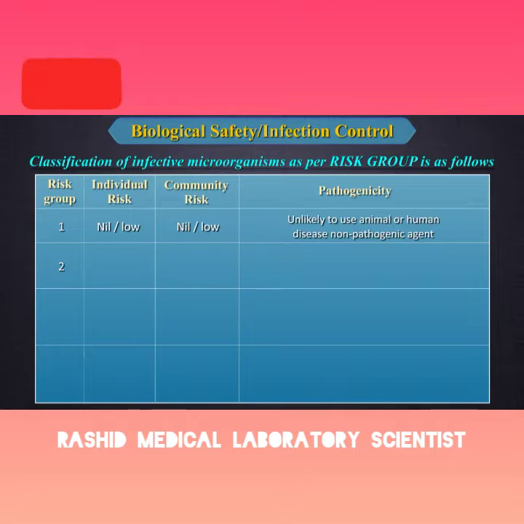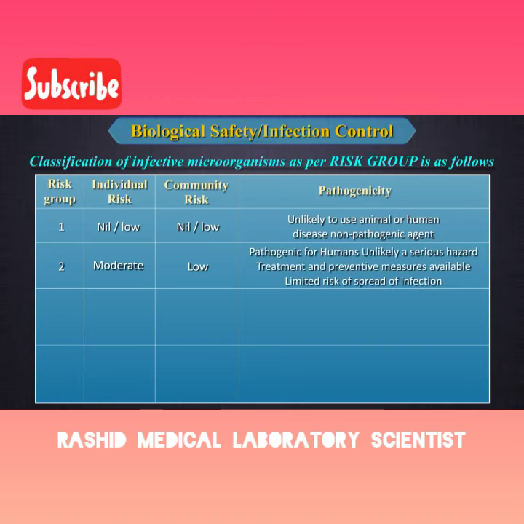Risk group 2 would be where the individual risk is moderate and the community risk is low. This means this organism is pathogenic for humans but unlikely to be a serious hazard. Treatment and preventive measures are available for it, and there is a limited risk of spread of infection.